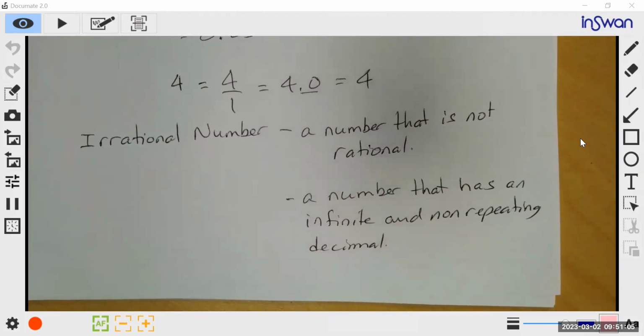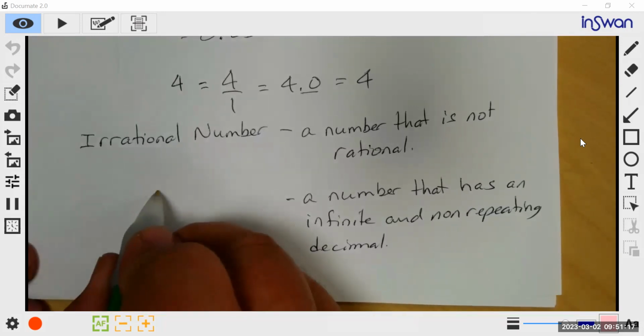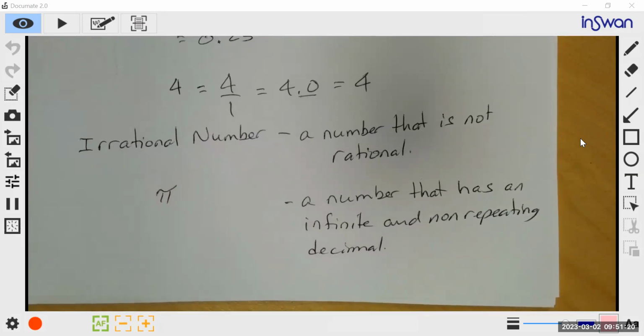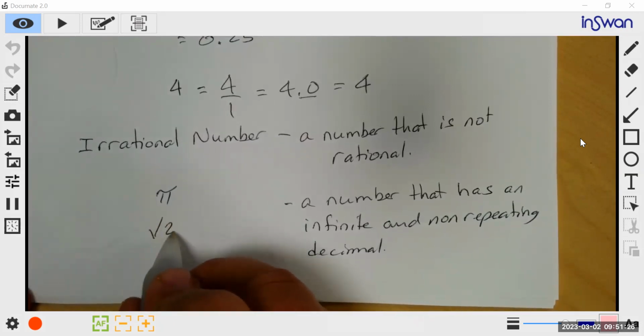It's just the opposite of the other one. Remember, the rational was finite and repeating. So the irrational is the opposite of that, infinite and not repeating. The most common one we know is pi. Another one we know is radical 2.